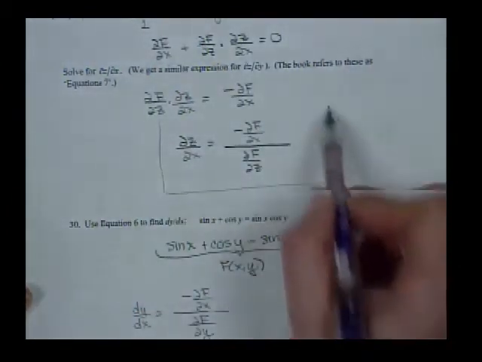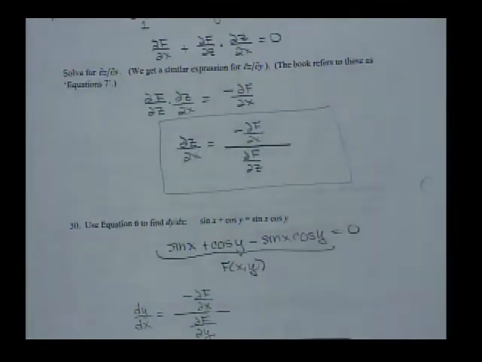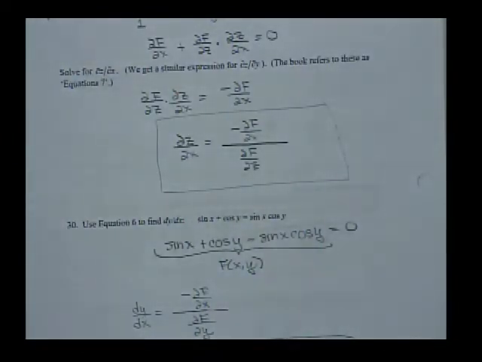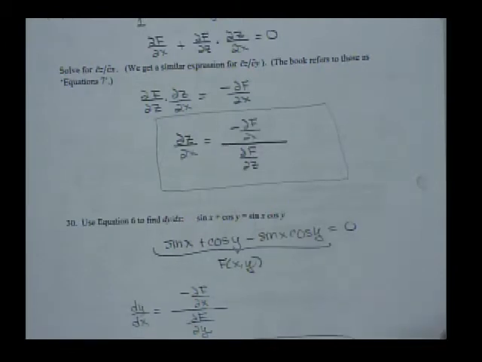The book calls this, and then the corresponding equation for the partial of z with respect to y, equations 7. And the only difference, if we were doing it with respect to y, is the x's would change to y's. So I think then the next problem will probably have us apply this equation.